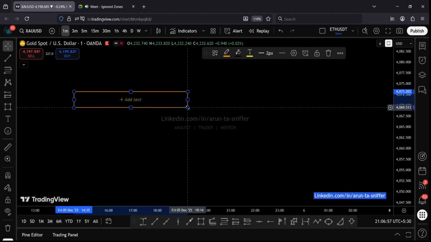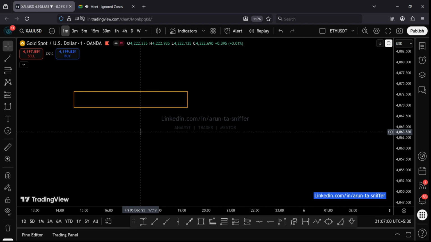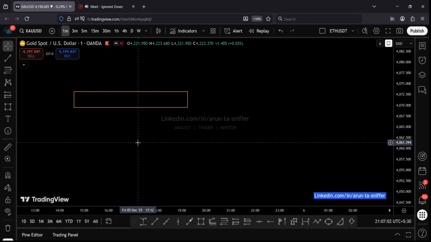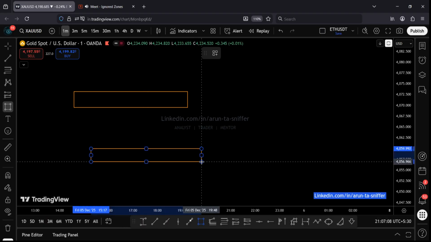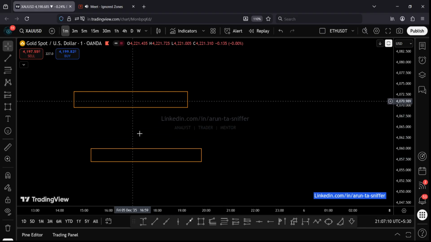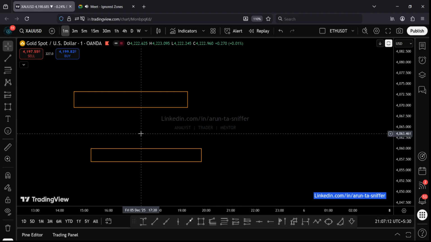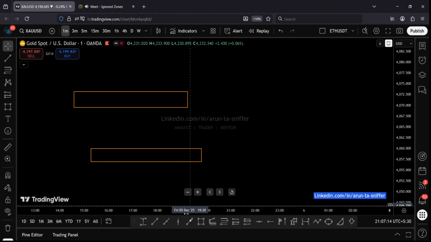This is an FL, and we have another FL here. Both are zones, so both are FLs. What happens?